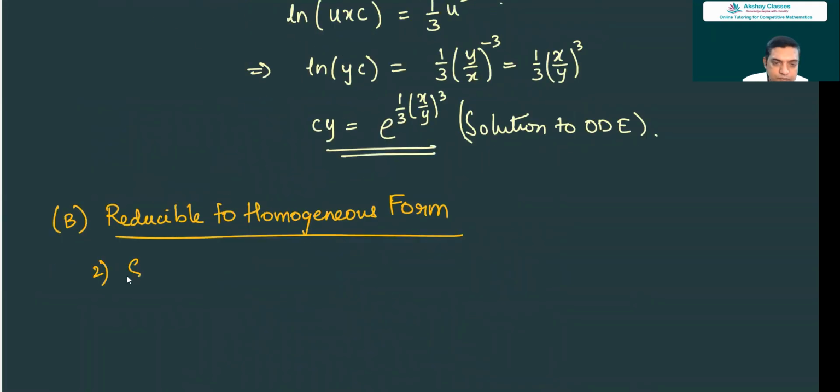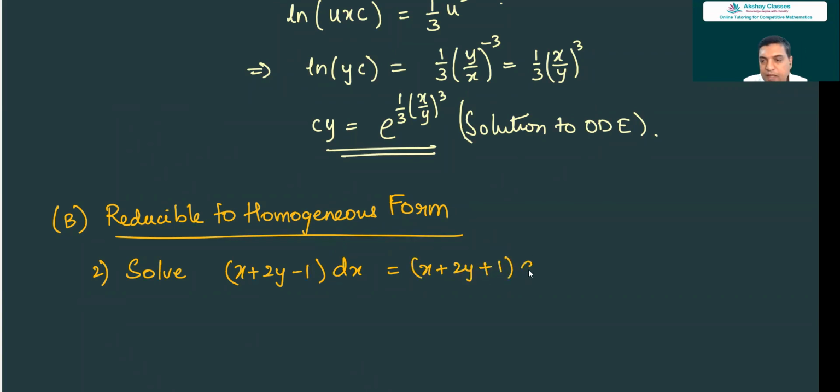So solve (x plus 2y minus 1) dx is equal to (x plus 2y plus 1) dy. Now, interesting.